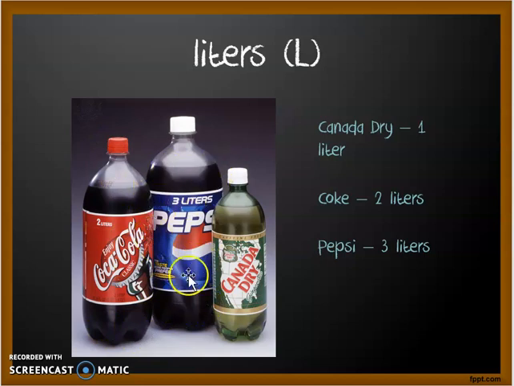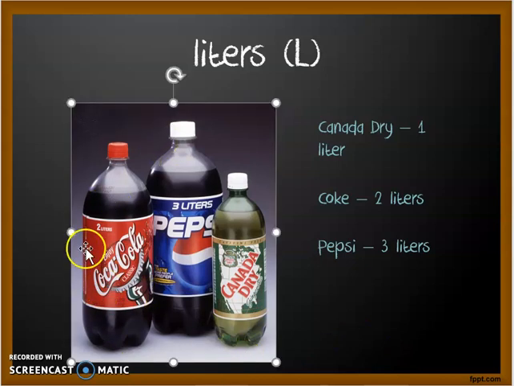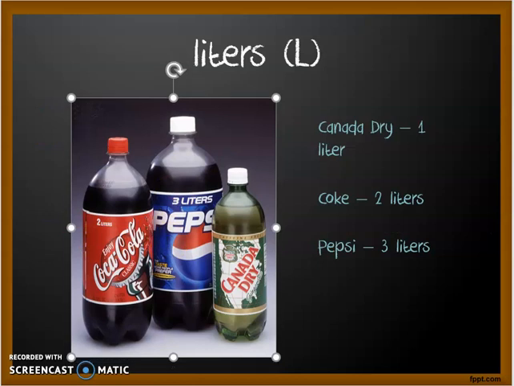And then this big giant bottle is a 3-liter bottle of Pepsi. So it gives you an idea of what a liter is. You probably have seen this most common one, the 2-liter bottle, and it gives you an idea of how much liquid a liter is.